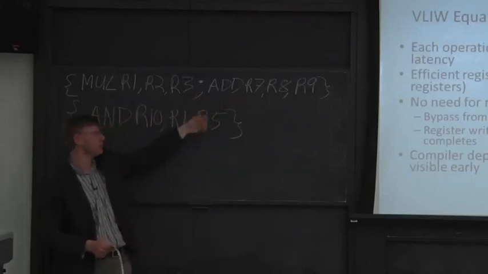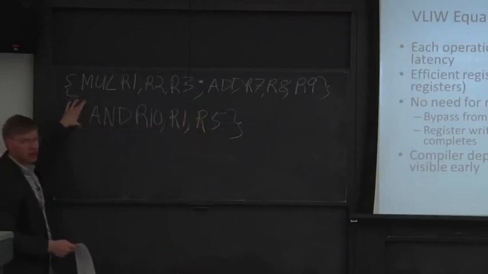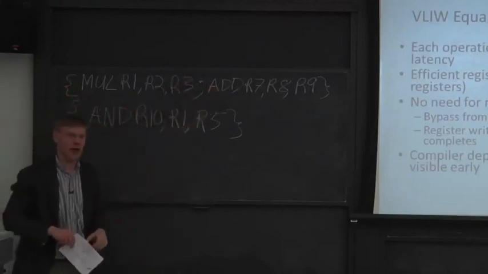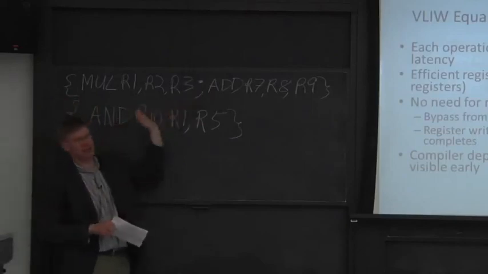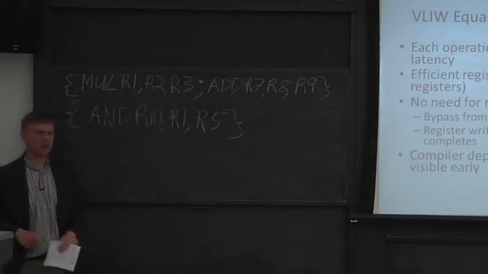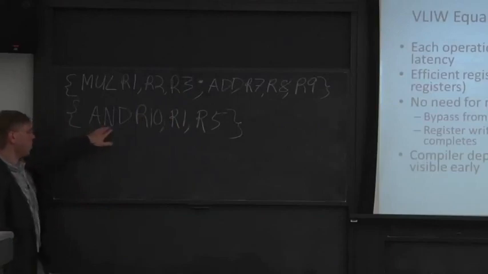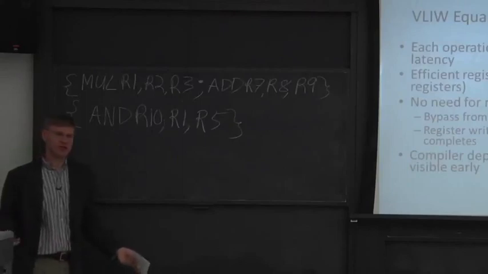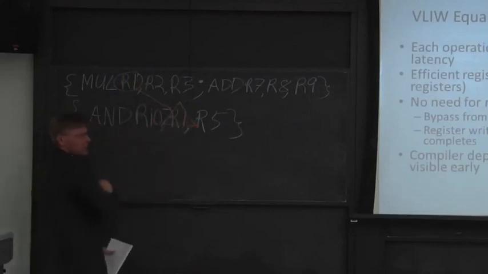So they're going to execute concurrently. We have an and operation in the second instruction, in the second bundle here. I should say that I'm using brackets and semicolons to delineate sub-operations. The brackets delineate an entire instruction or entire bundle. The semicolon is just there to delineate between two operations within one instruction. And here we have an and. We have what looks to be a read after write dependence here.